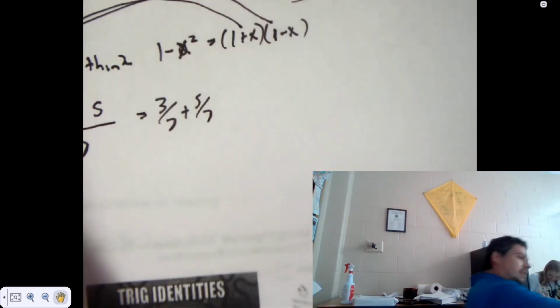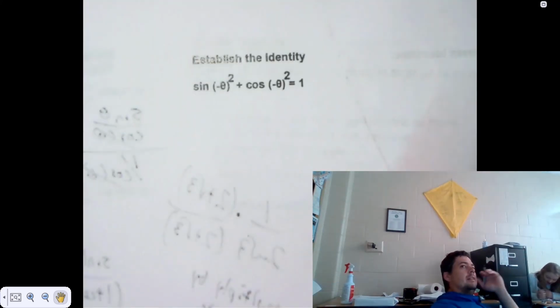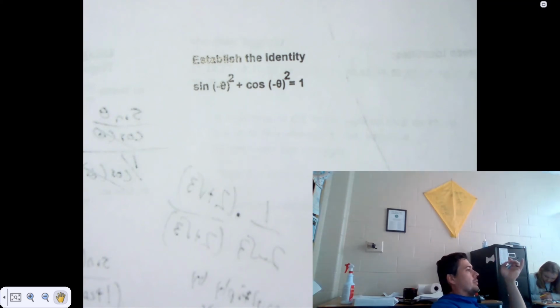So here's a relatively easy one. It says establish this identity. Of course, you already know the identity is true, right? This one says establish, so make it true. Now, the identity that you have doesn't have negative symbols in it, but we know it's going to be 1. Just make it true.